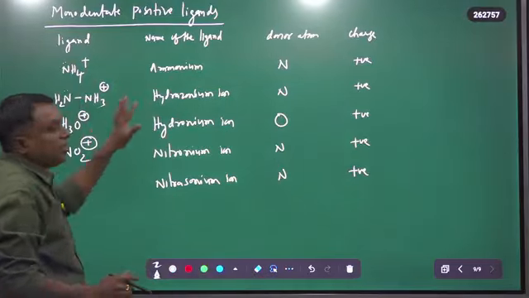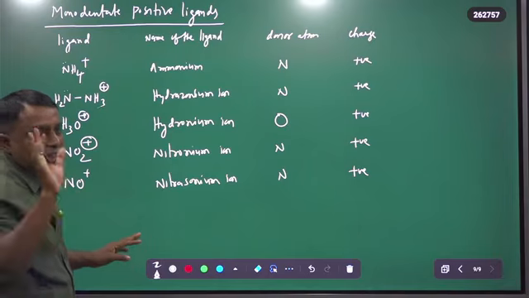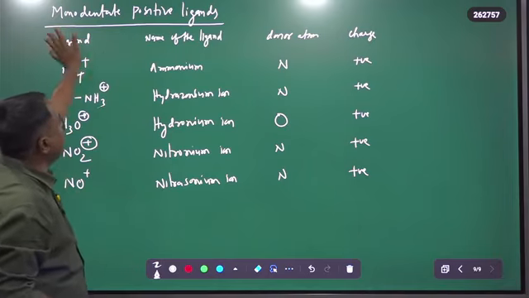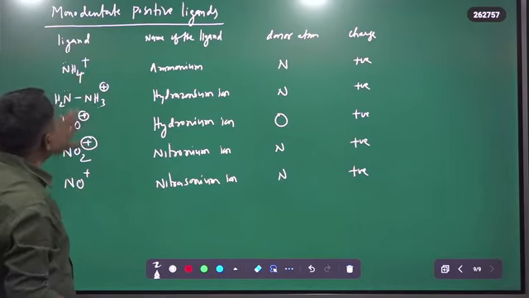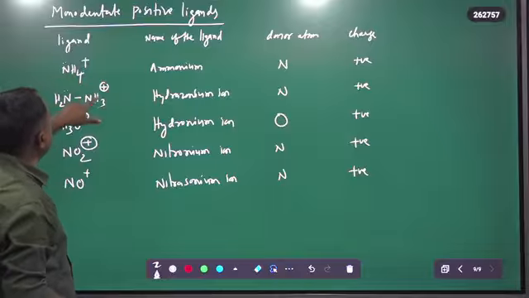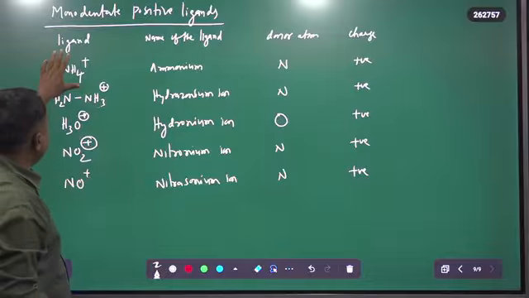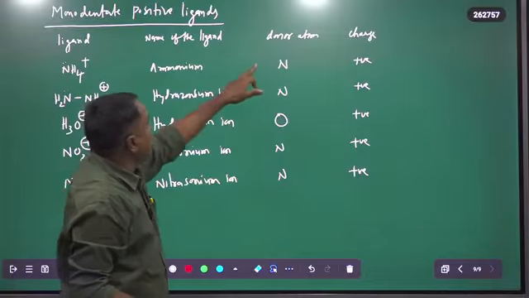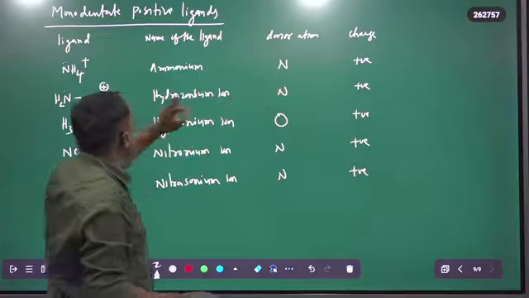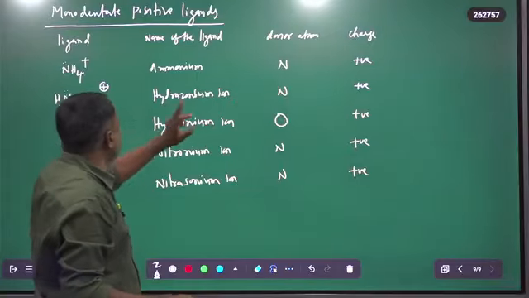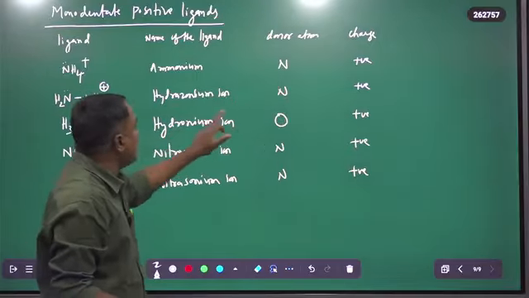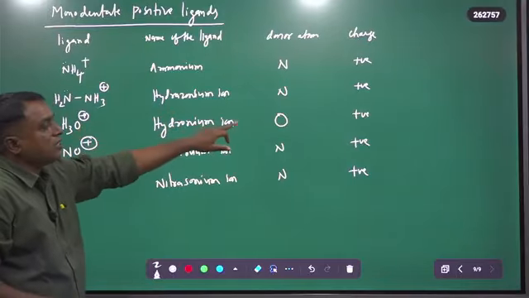So all these ligands can donate an electron pair, only one single electron pair, therefore monodentate. And all these have a positive charge. In the first one, nitrogen is the donor atom; in this also nitrogen; in this, oxygen is the donor atom. Oxygen can donate an electron pair to the central atom.